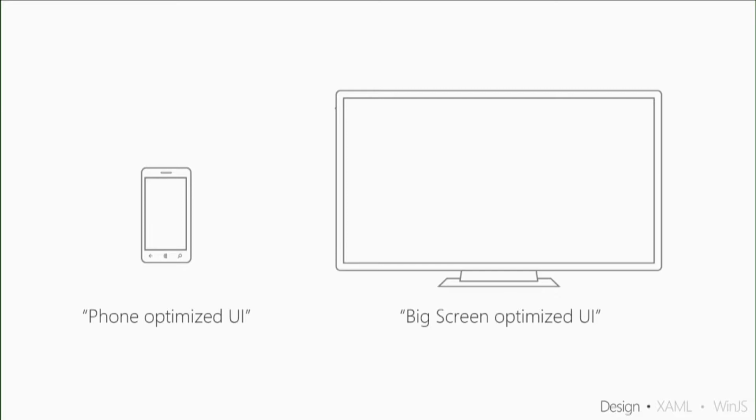So if a user is interacting with a Windows app that targets the universal app device family, which means that it actually targets the desktop as well, I would expect to see my desktop UI on the big screen that's connected. However, if it targets only the mobile device family, you would still see it work in Continuum, only it will have the basic reflow that is offered by that.